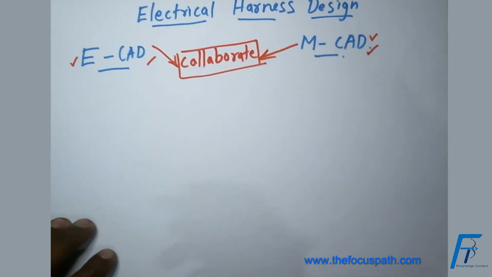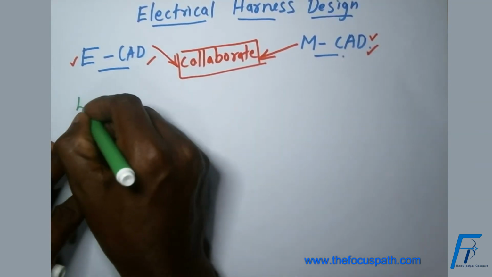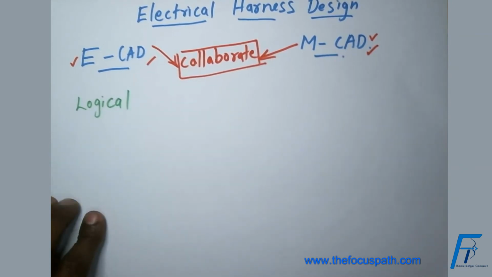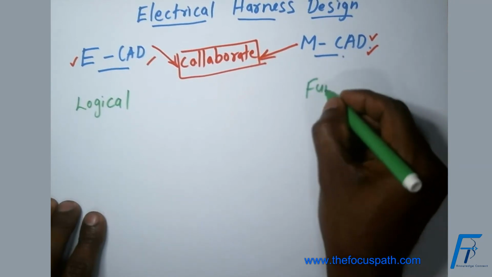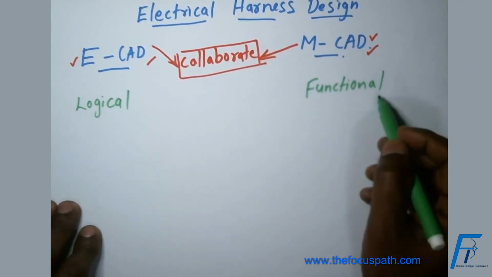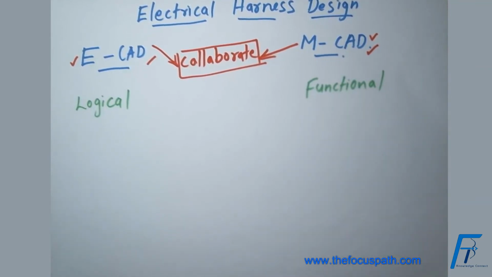In this case, I'll just give an idea that ECAD is more on the logical side, whereas MCAD is more on the functional side. That means any changes you do in ECAD have to be reflected in the functional packaging, that means the mechanical packaging of your product design.